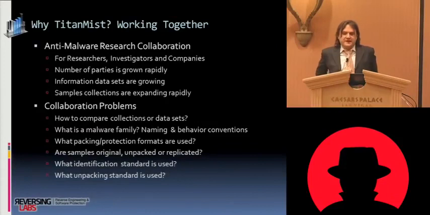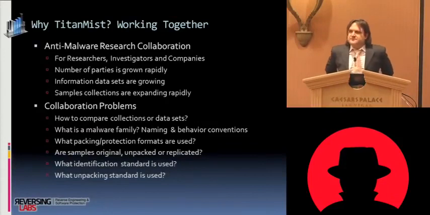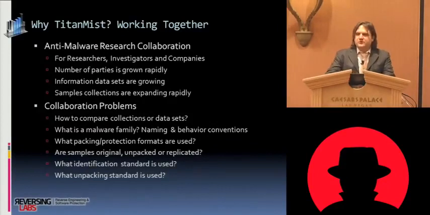And when we're really talking about working together, I just want to step back and say that the industry hasn't really been collaborating on research very much in the past. But with the growing problems, growing numbers of all types, there are more and more researchers, investigators, and especially security companies exchanging data, collaborating, and forming various closed or open lists for sharing data.